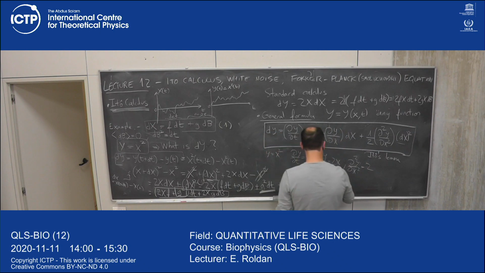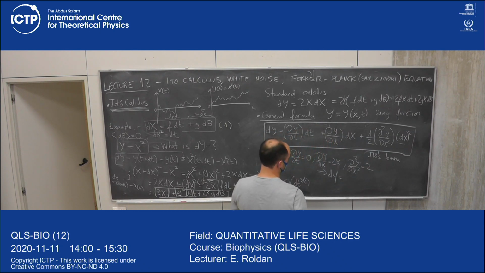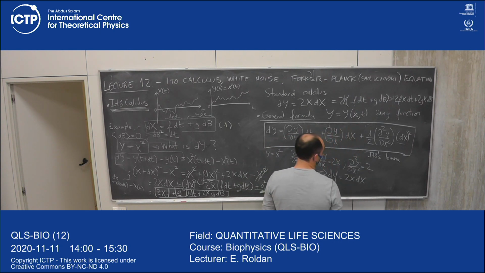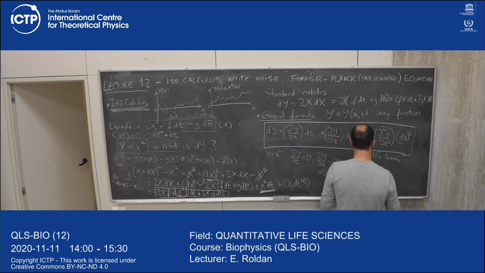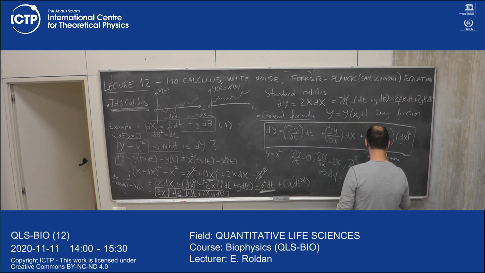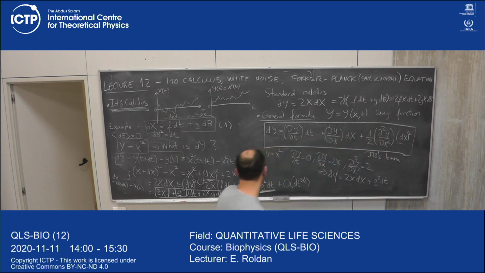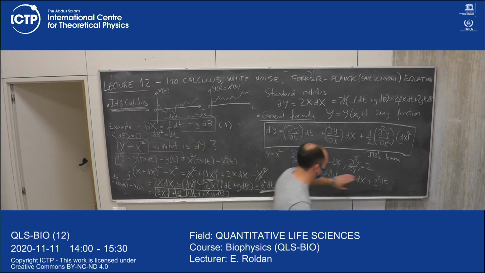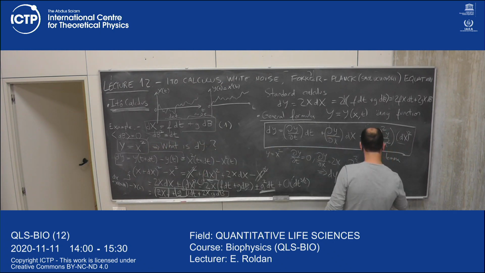So this formula implies that dy is 2x dx plus dx squared, which is t squared dt. Okay, which is what I had here, 2x dx plus dx. I can also write it dx squared.